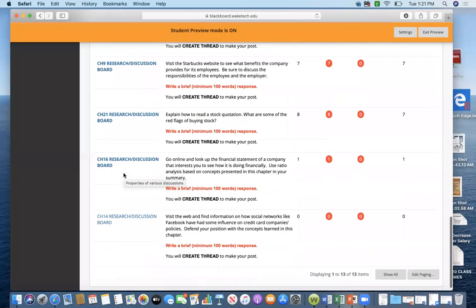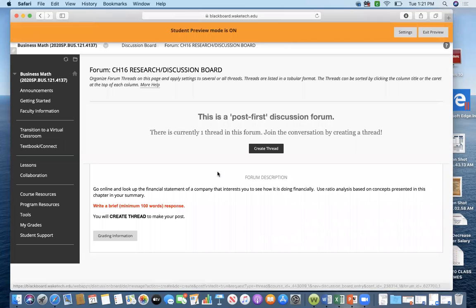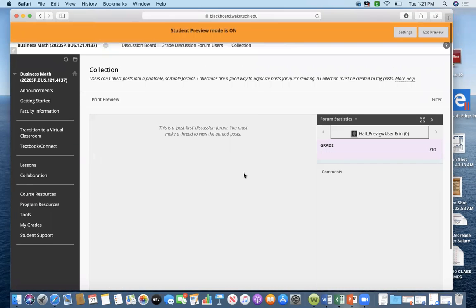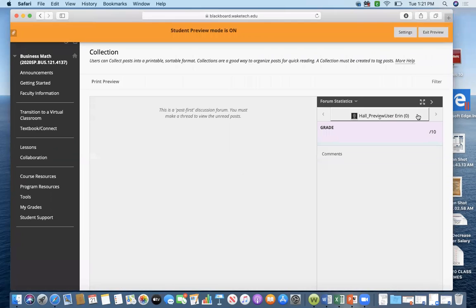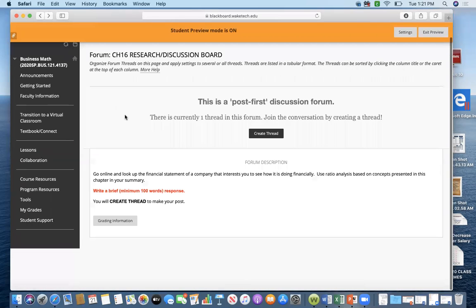And let's see, your discussion board. I want you to go online and look up the financial statement of a company that interests you to see how well it is doing financially. Use ratio analysis based on the concepts presented in the chapter in your summary. So make sure you are finding a company that has financial statements public.